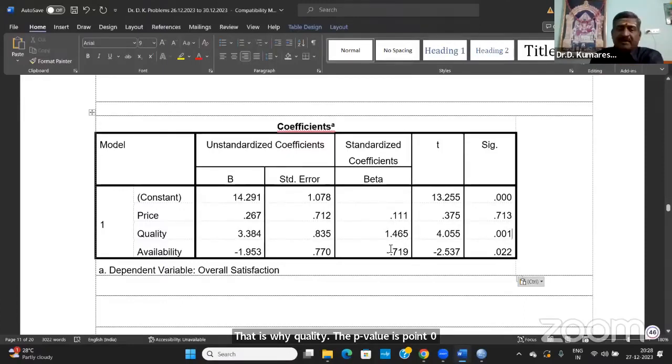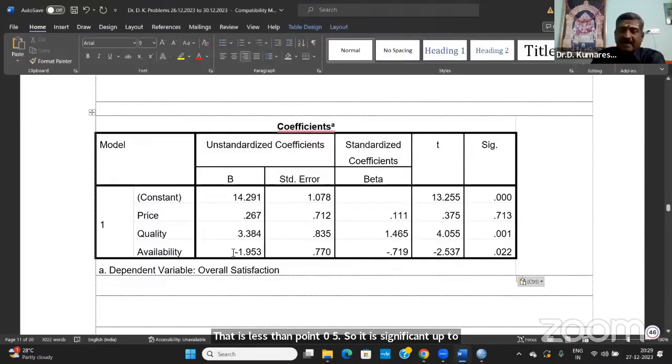It is less than 0.01, so it is significant at 1%. Third one, availability, 0.00022. That is less than 0.05, so it is significant at 5%.